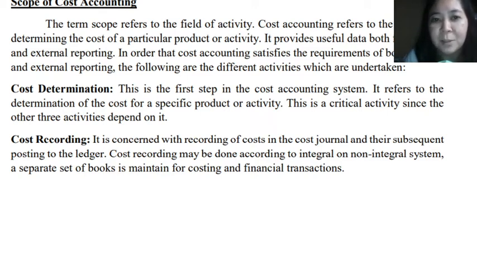Okay, so here in the cost accounting system, cost determination is considered to be the first step. Cost determination refers to, of course, the determination of cost for a specific product or service. This is a critical activity, since the other three activities later on will depend on it.